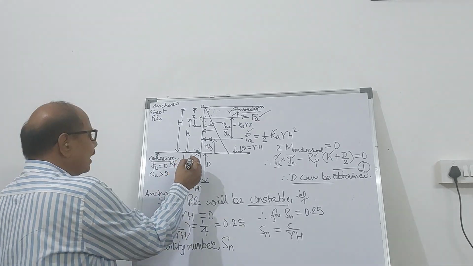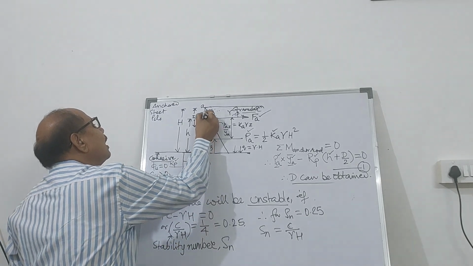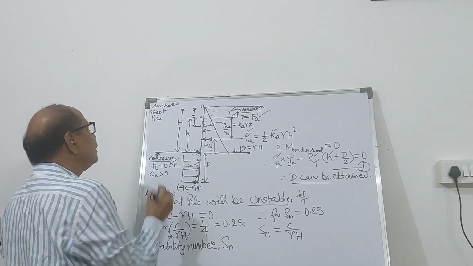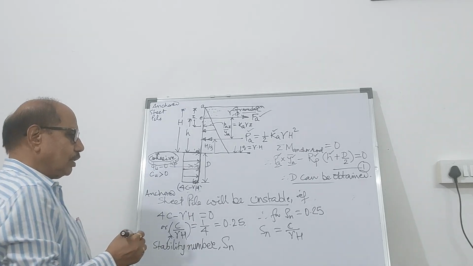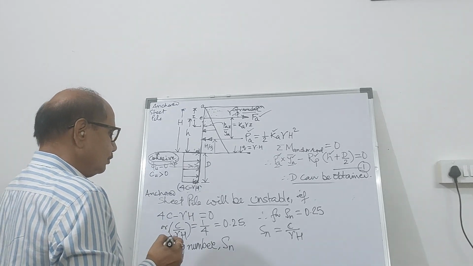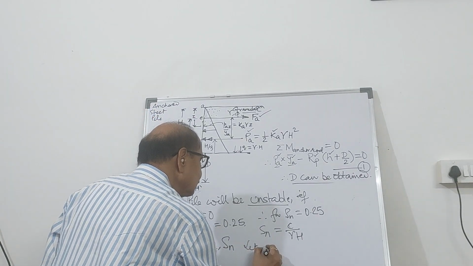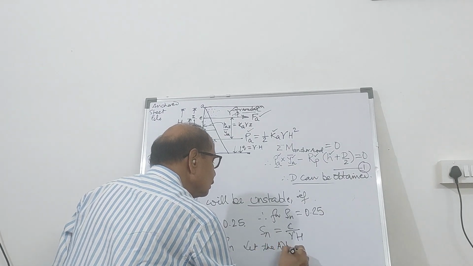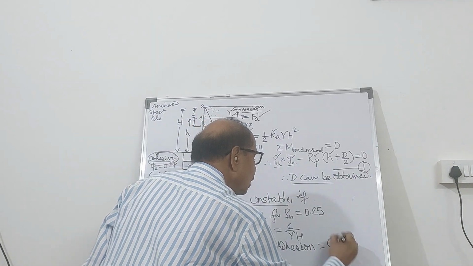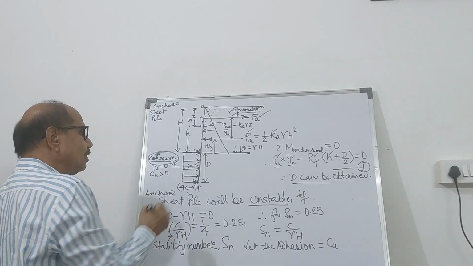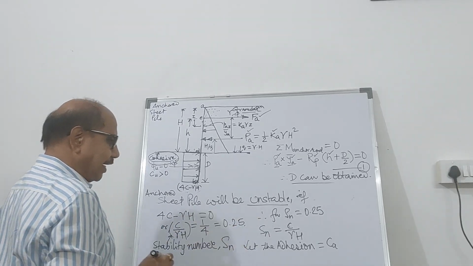Now, if there is adhesion between the sheet pile and the adjoining cohesive soil, this is the cohesive soil, let the adhesion between the cohesive ground and the sheet pile equal Ca.